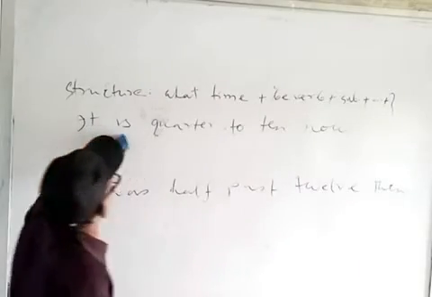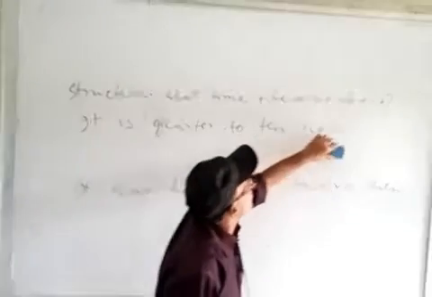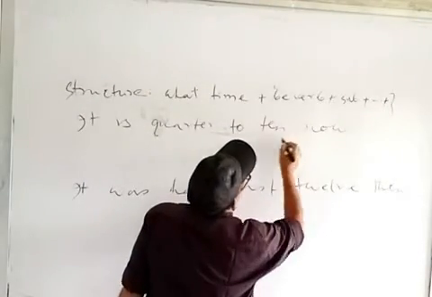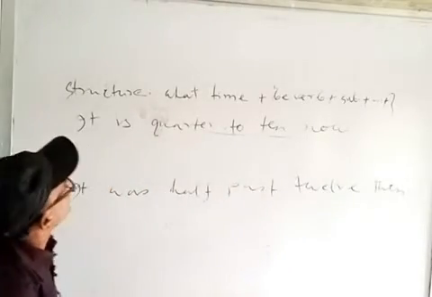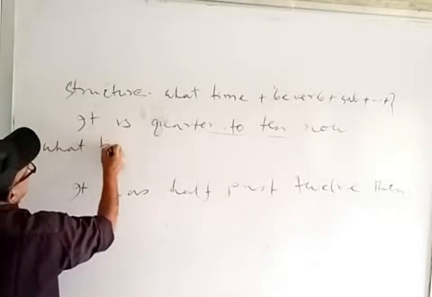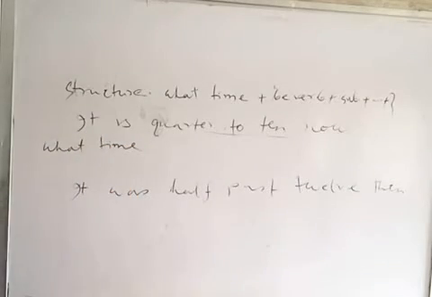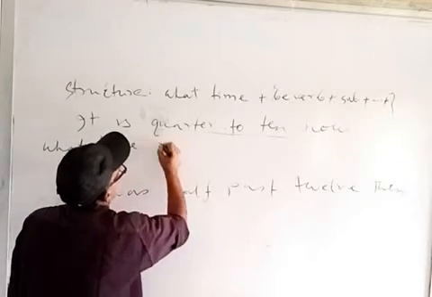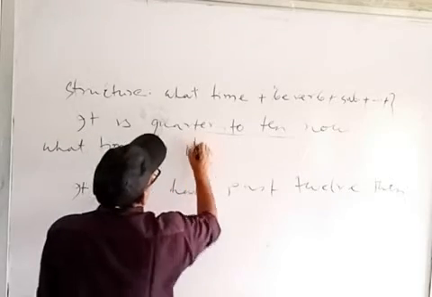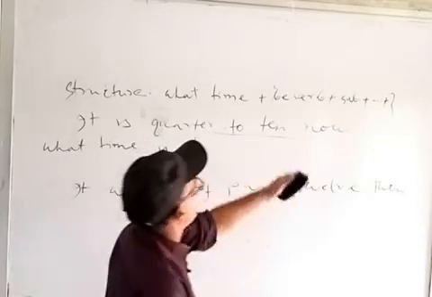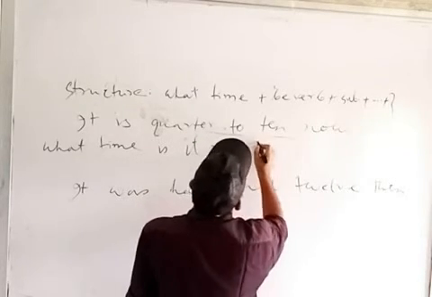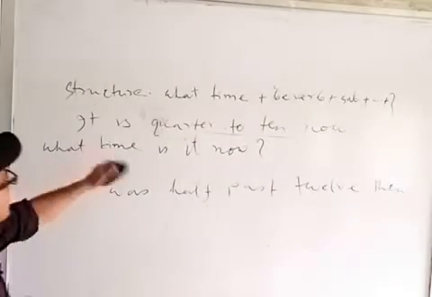For the first example, you can make a WS question in such a way. Quarter to 10 indicates time. So in place of quarter to 10, you have to use what time. Then the given verb is, you have to use that verb is, then the subject it. Then the rest of the sentence, now. At the last you have to use note of interrogation. In such a way you can make it.